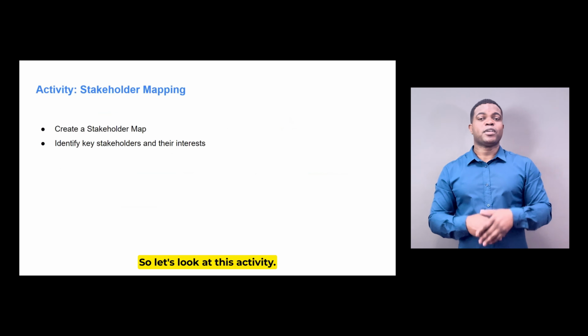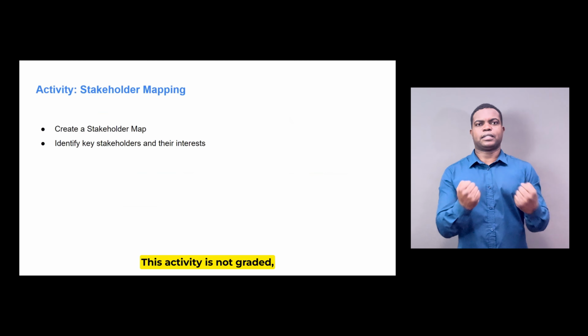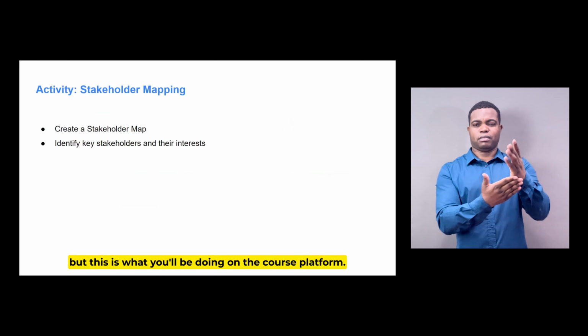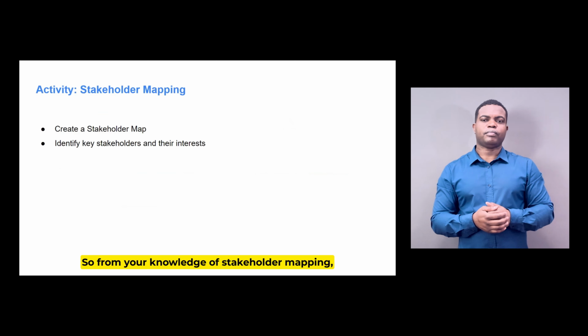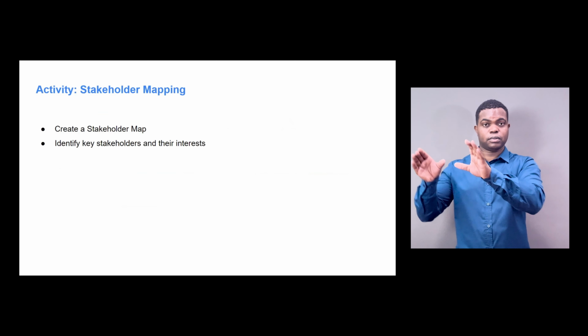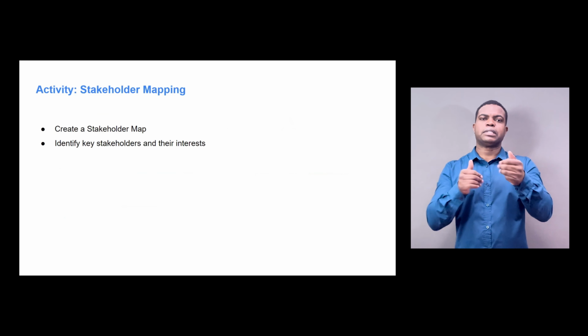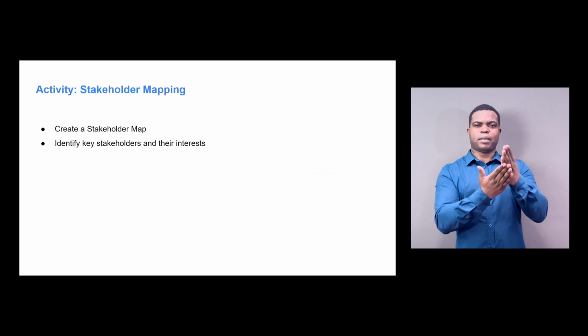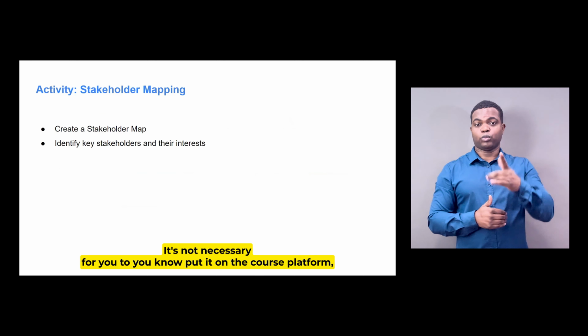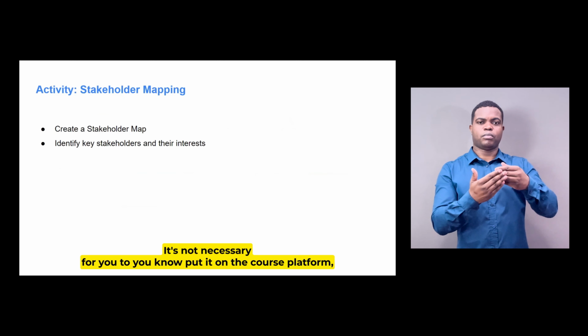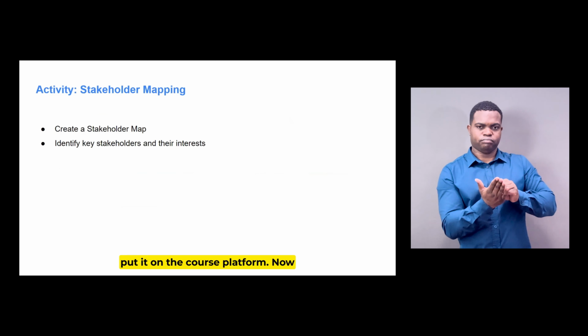So let's look at this activity. This activity is not graded, but this is what you'll be doing on the course platform. From your knowledge of stakeholder mapping, I want you to create a stakeholder map. You could do that in your notes. It's not necessary for you to put it on the course platform, but you can decide to put it on the course platform.